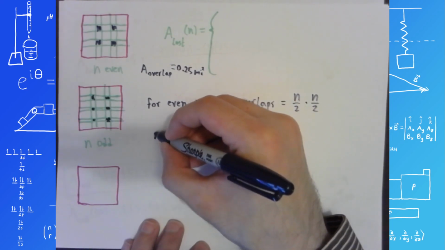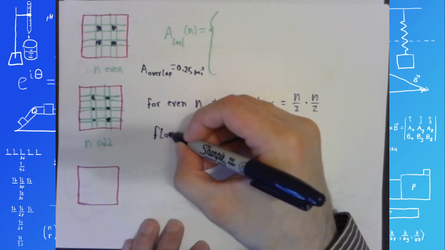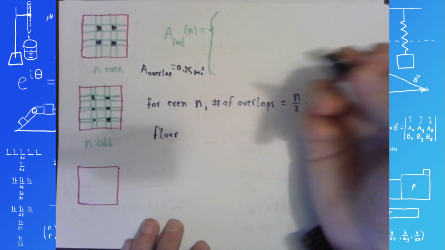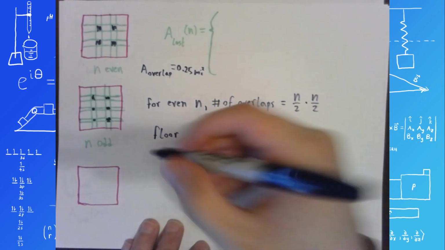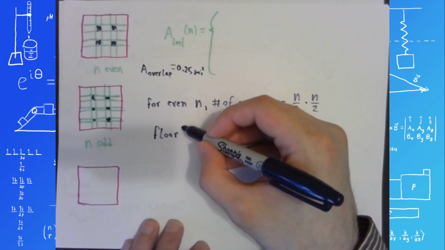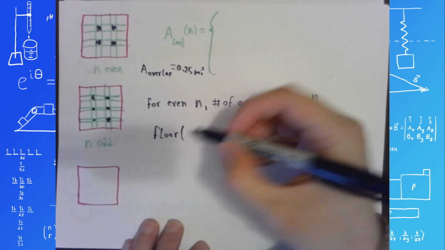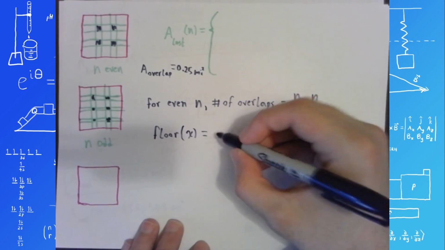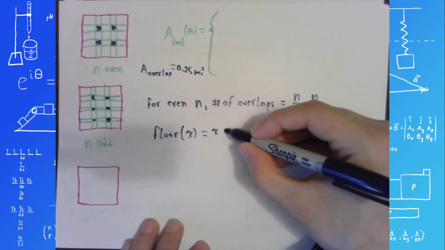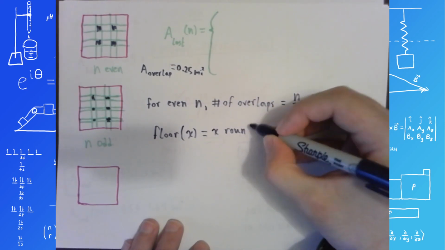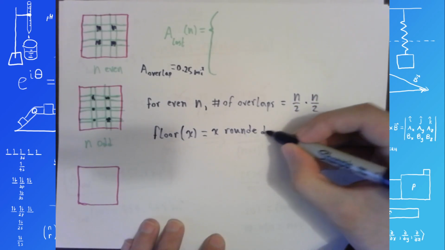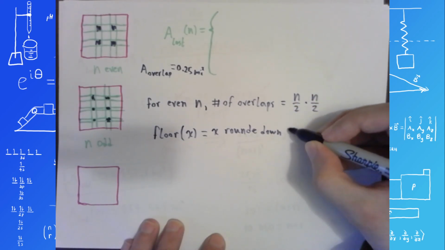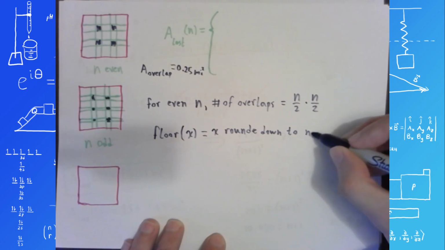So basically, the floor function, sometimes on online calculators, you'll just type the word floor and then put a number in. Floor of x equals x rounded down to nearest integer.